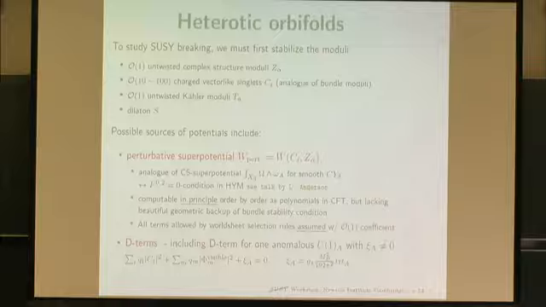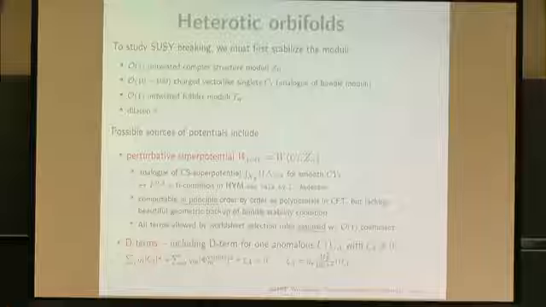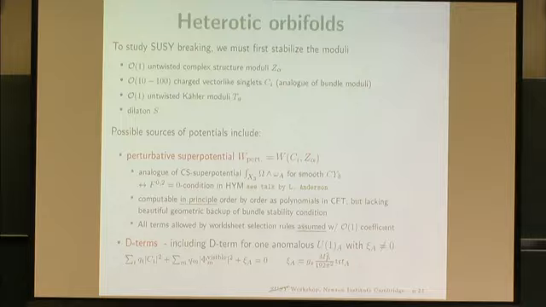You can do this order by order, but this superpotential is just the expansion of this Chern-Simons superpotential. So the pro is you can compute it in CFT. The disadvantage is you have to stop that computation at some stage, and unlike in the heterotic string, you do not have, at least not as clearly, such a sexy interpretation in terms of the geometry of those gauge bundles.